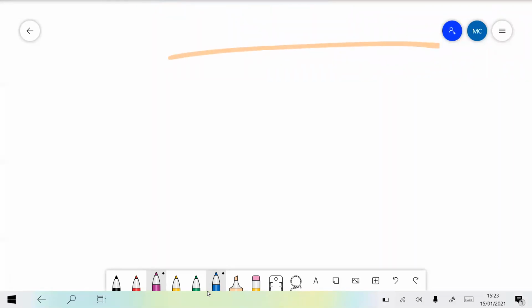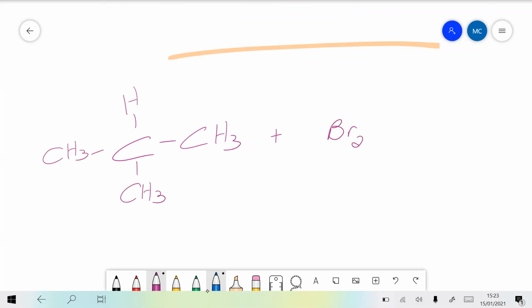Now, let's say, take a couple of minutes to write the expected products of this reaction. And this is something that I would like to discuss in a little bit more detail for the rest of the lesson. Today, possibly we won't stay till 4.